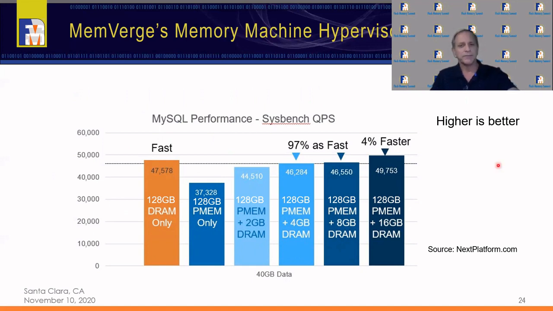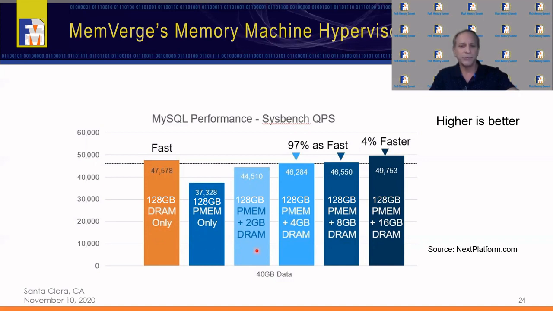On this graph, higher is better. The reference is set by the all DRAM performance. 128 gigabytes of DRAM comes in at over 47,000 on this benchmark, whereas the Optane only system of equivalent size achieves just over 75% of that mark. It does it at about 1/3 the cost, however.